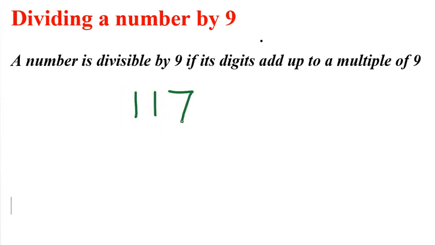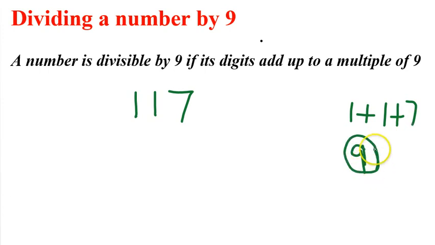Is it divisible by 9? So you add 1 plus 1 plus 7, and you see that that will give us 9. And 9 is a multiple of 9, and so 117 is divisible by 9.